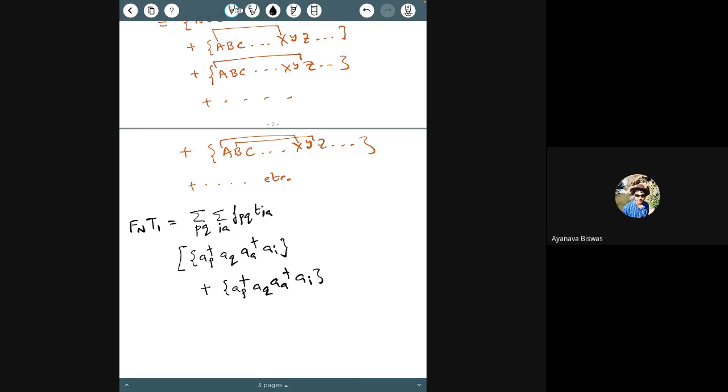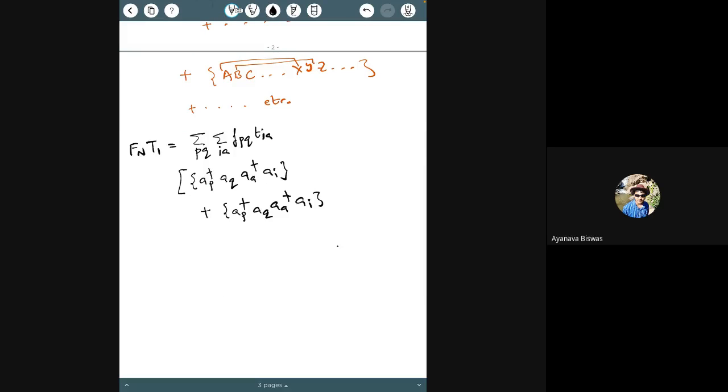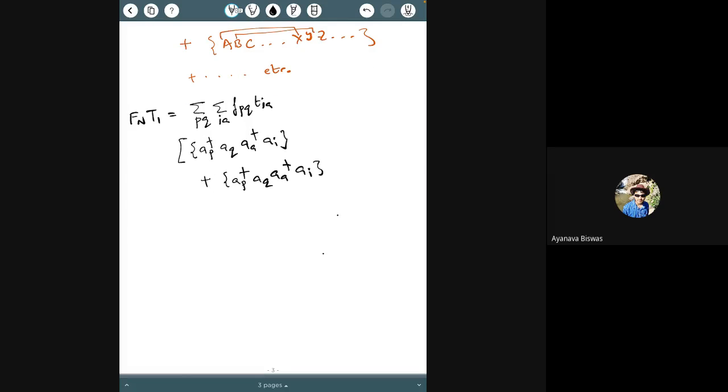Now, remember again that this is normal ordered with respect to the Fermi vacuum. So, in order to determine which is a non-zero contraction, I need to look at the labels of the operators. If I want to contract something with a_A dagger, the only non-zero one is when I have an annihilation of the A on the left of a_A dagger.